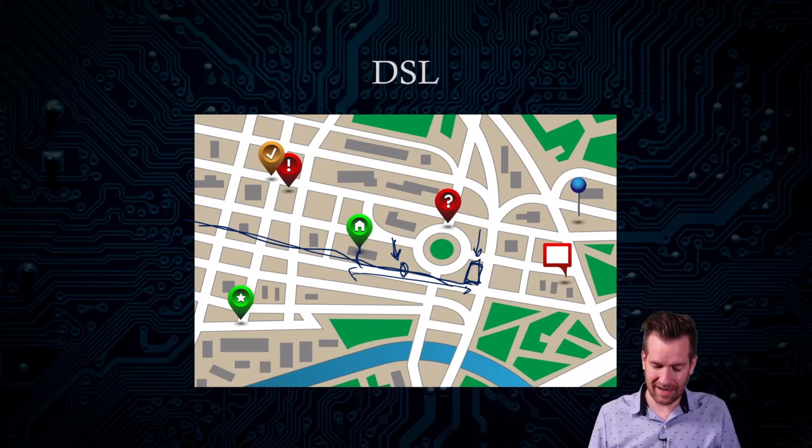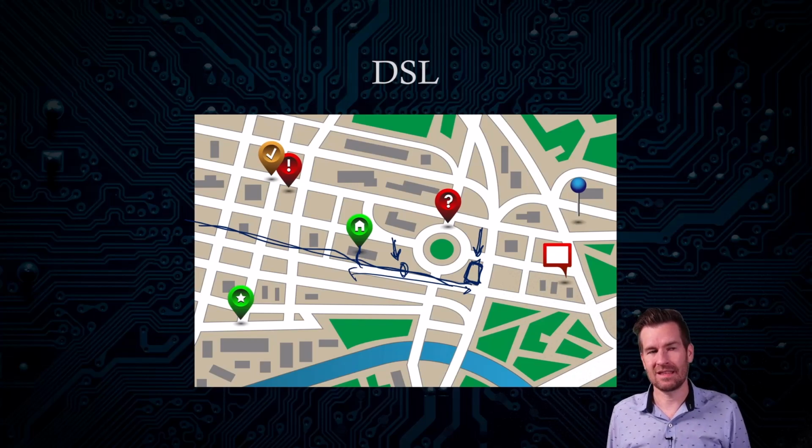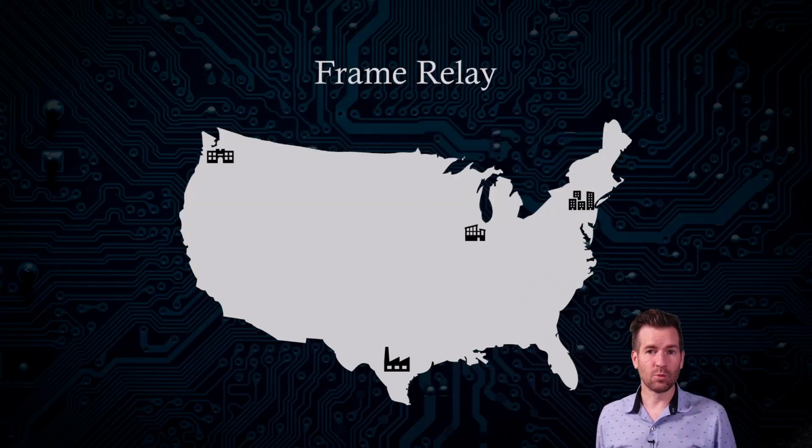There can still be saturation if they've oversubscribed how many subscribers are on the central office, but you don't have some of the same issues that you have with cable. That being said, cable tends to be the preferred because it tends to be faster, and there can be some latency issues with DSL. Then we have frame relay.